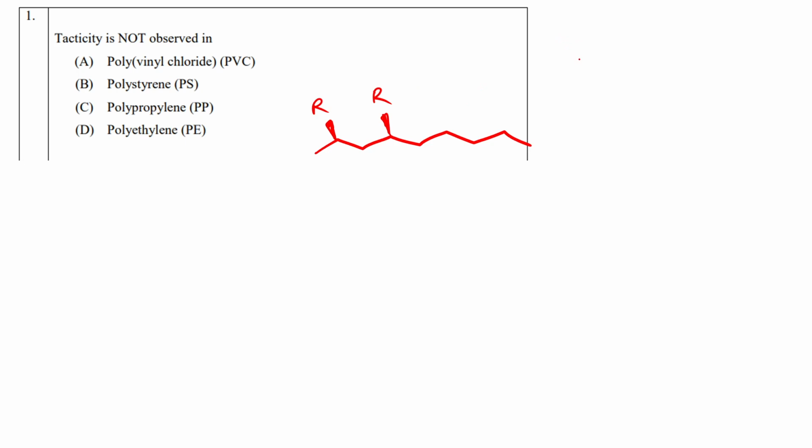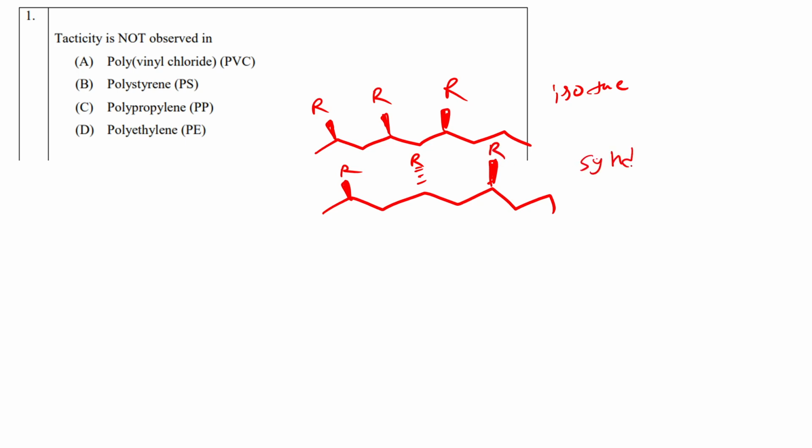Syndiotactic, atactic, and isotactic. So for isotactic, all are in the same plane, like all are above. Then it is called isotactic. If you have this kind of arrangement, above, below, with racemic diads, then you can call this relation syndiotactic.